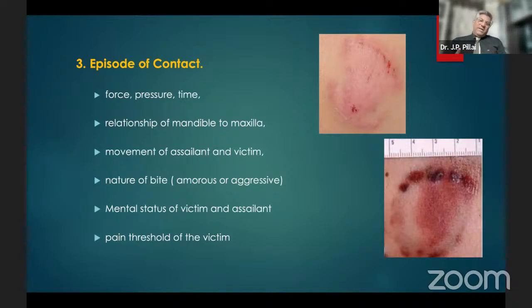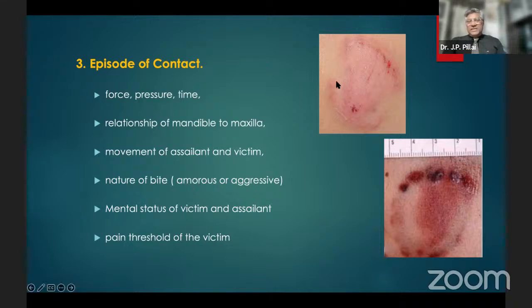So that evidence also will be useful in recreating the crime scene, and may also give some evidence regarding the assault, the nature of the bite, the mental status of the victim and the assailant, and the pain threshold of the victim. So all these factors contribute to the episode of contact. These are all the important points we need to consider when we do the investigation.